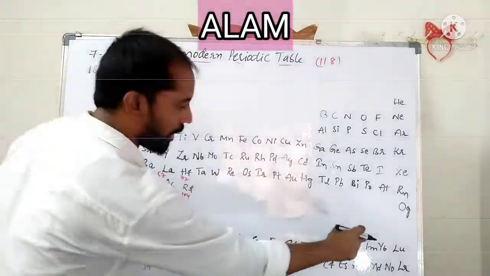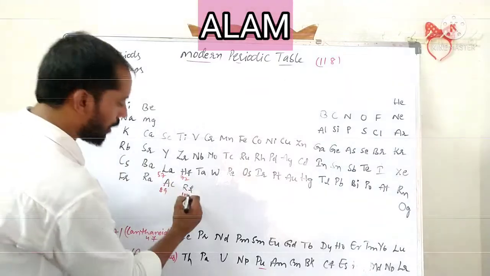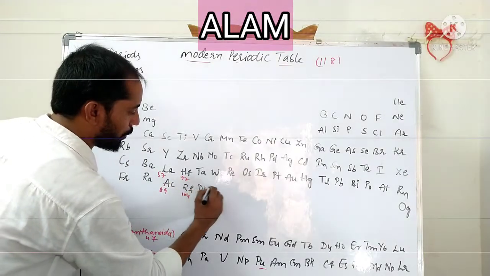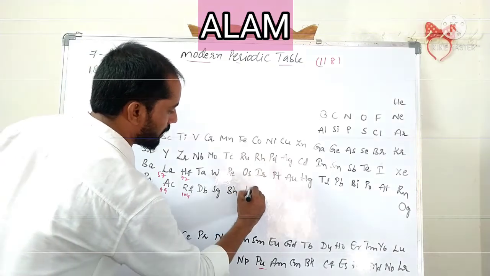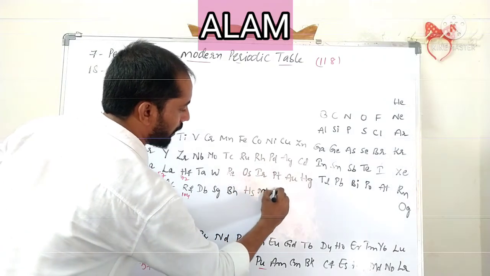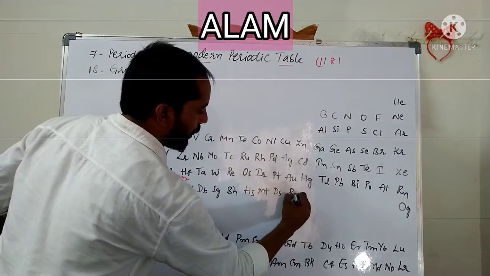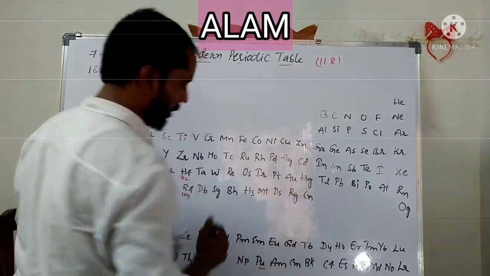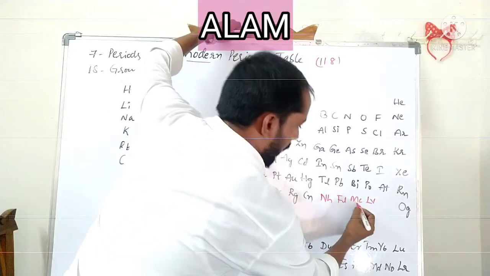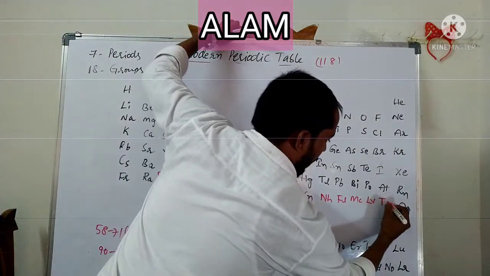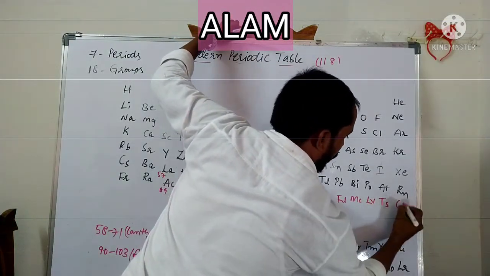Now, after lawrencium, atomic number 103, comes rutherfordium, next dubnium, seaborgium, bohrium, hassium, meitnerium, darmstadtium, roentgenium, copernicium. Next, the elements are moscovium, livermorium, tennessine, and then oganesson.